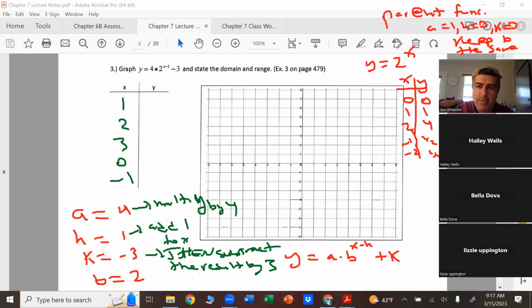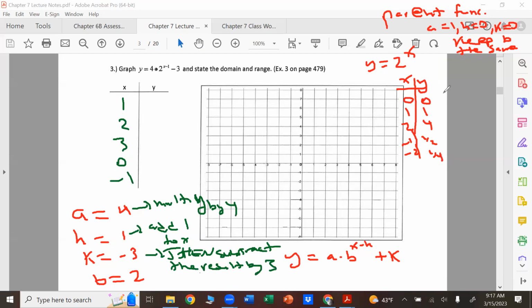So if I multiply this by 4, let me minimize this window here. Multiply by 4 and then subtract 3. Multiply by 4, subtract 3. I know it sounds like a broken record, but that's precisely what we're doing because of PEMDAS.